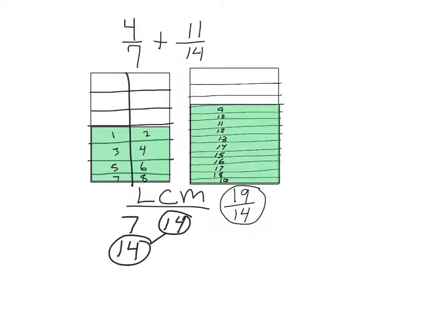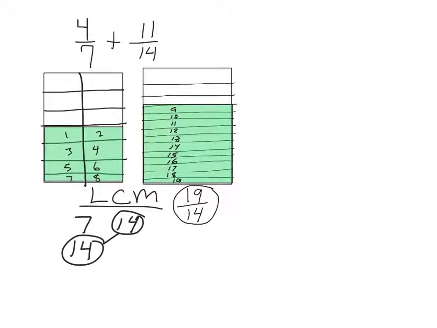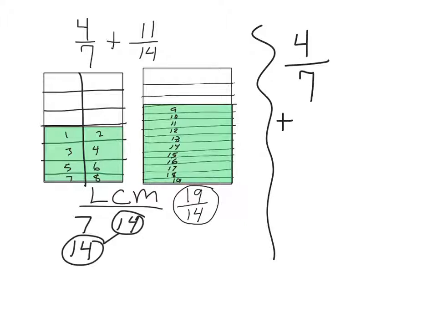So let's go ahead and look at the algorithm, and we'll do that right over here. So I'm going to go whoosh, and then I'm going to go 4 sevenths plus 11 14ths. Since our fractions have uncommon denominators, I got to first multiply by the giant 1, right?